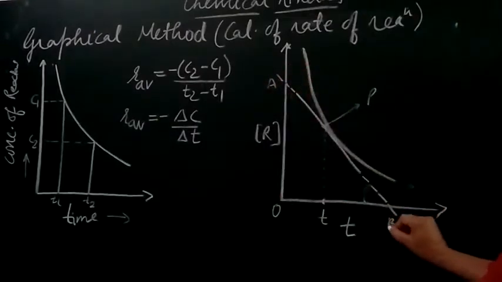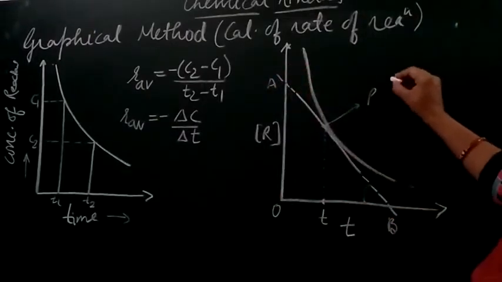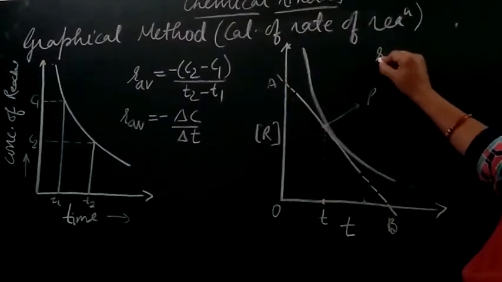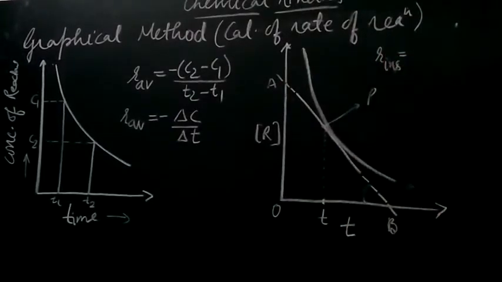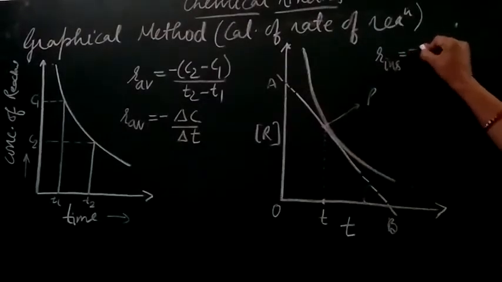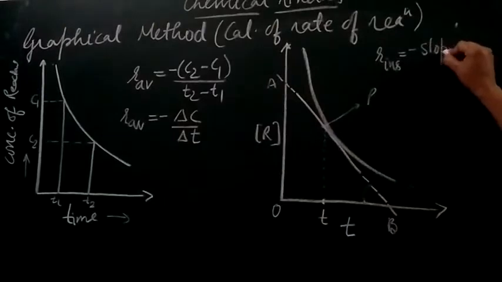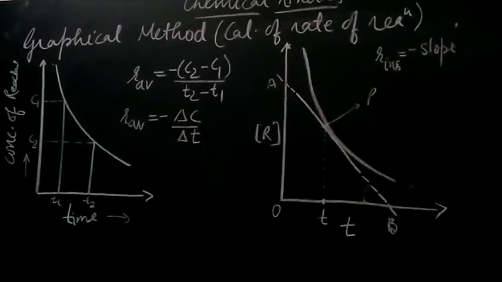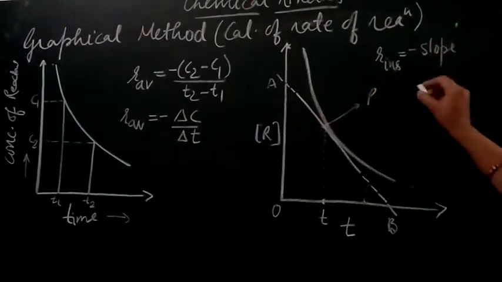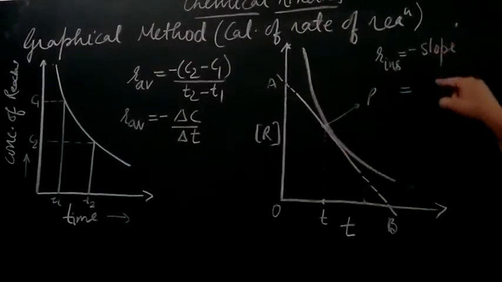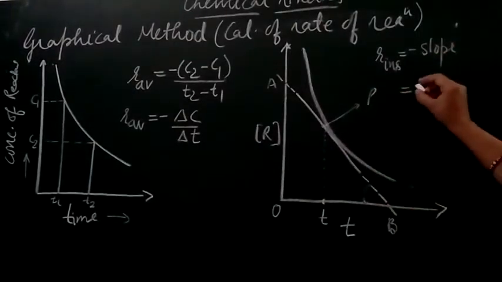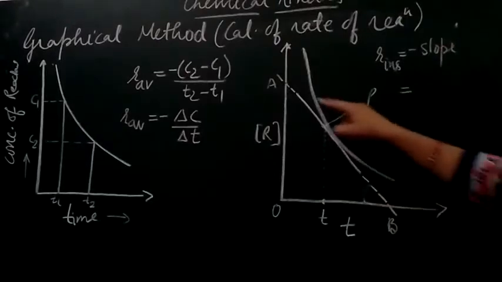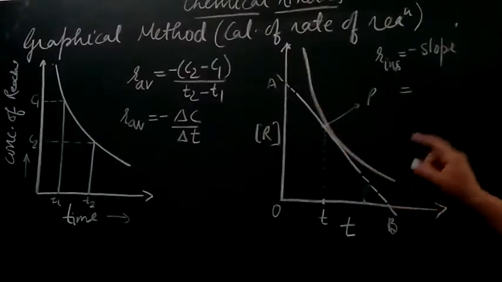and this is B. So here the instantaneous rate will be equal to the slope of this curve, right? Now how can we find that slope? By finding the theta angle.